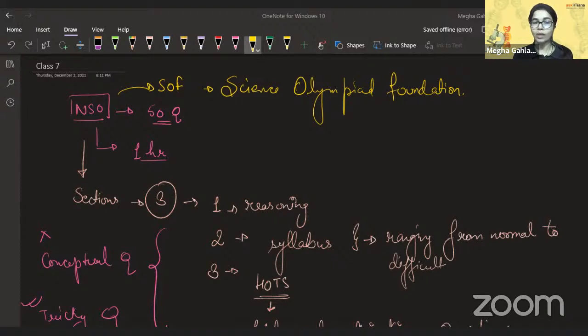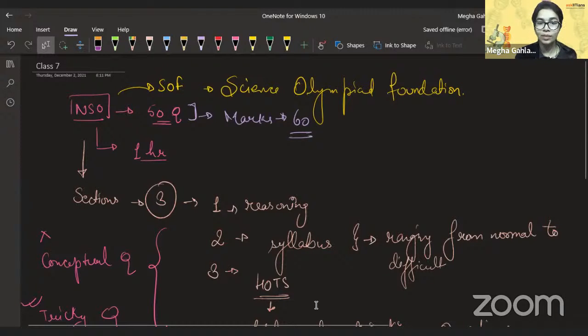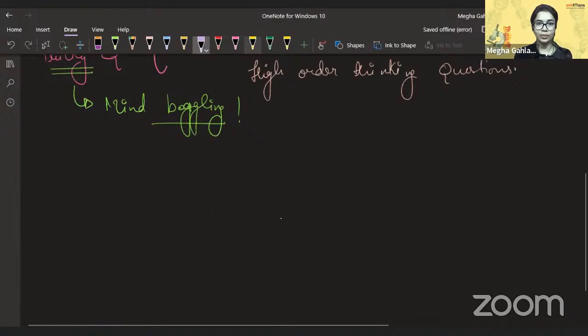As we've established already, total number of questions is 50, but the total number of marks is going to be 60. Now, how exactly is the bifurcation of that? We're going to learn that right now.